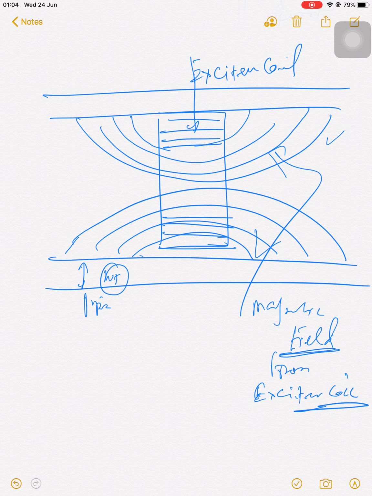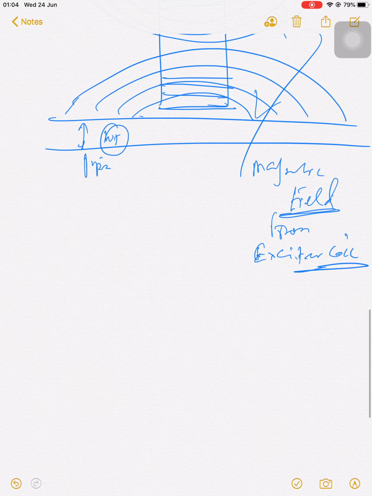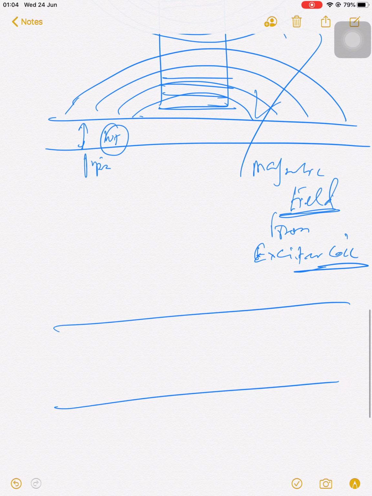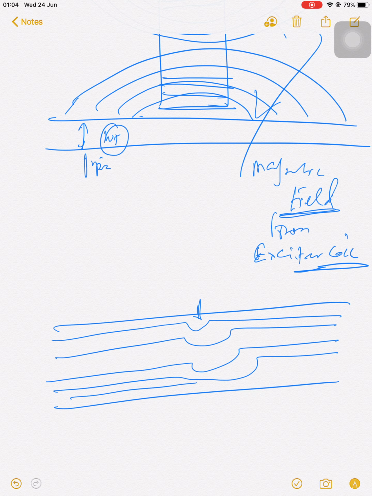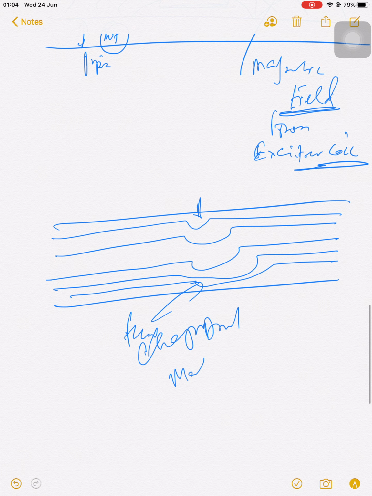If there is any leakage, the magnetic fields will move like this. If there are flux changes, it is due to material loss.